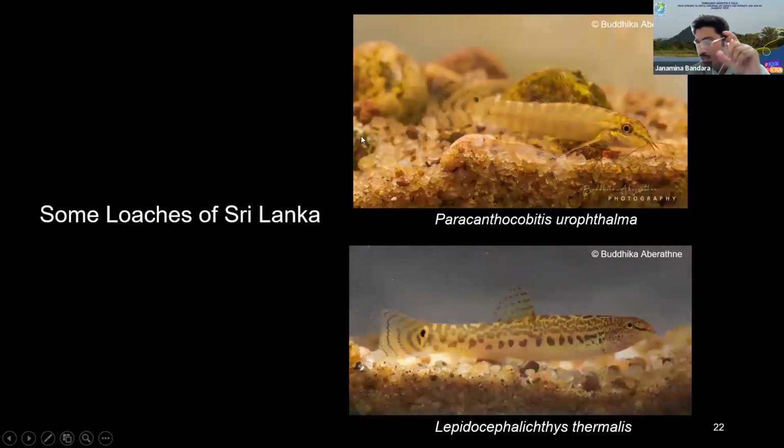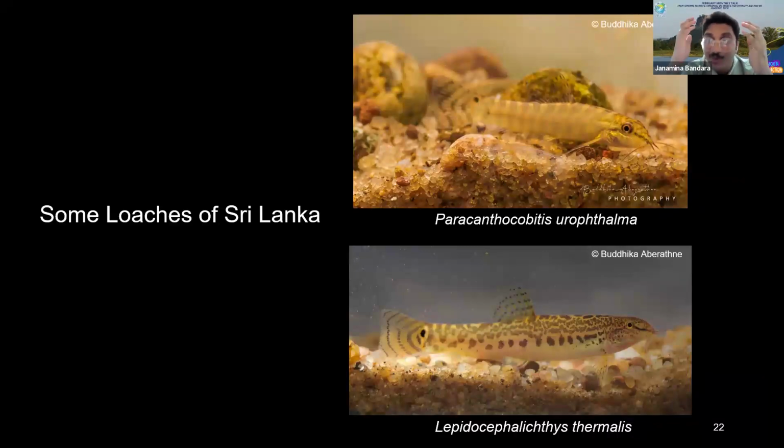So these are some of the loaches you can find in the benthic, the bottom layer, of Sri Lankan freshwater streams and these ecosystems. In Sinhala, we call these ahiravas, but in certain places, people also call them puak barilla as well. But ahirava is the common term.